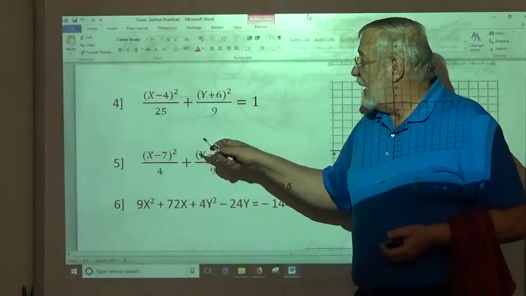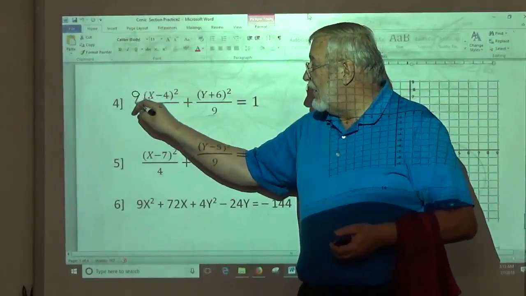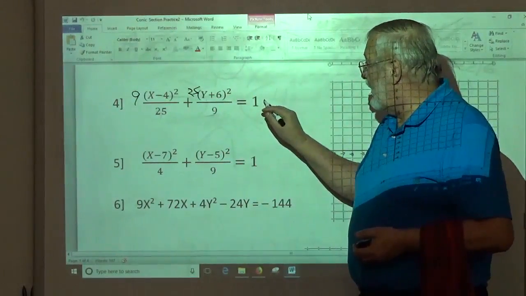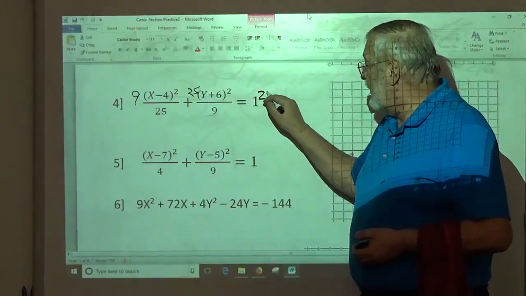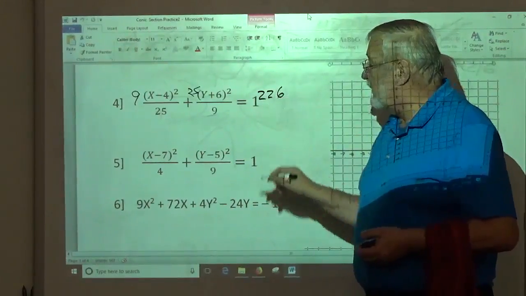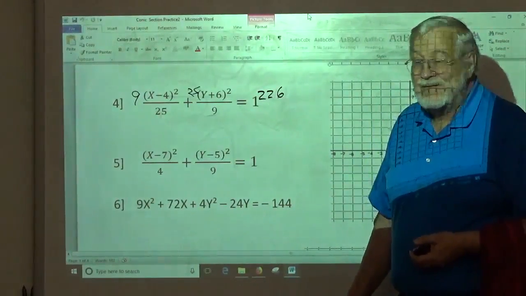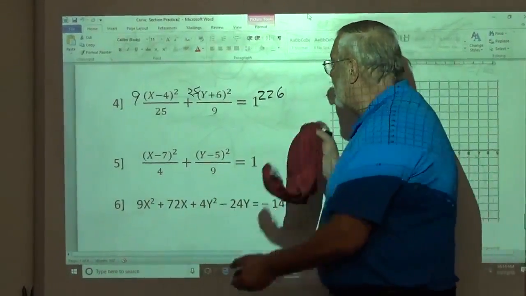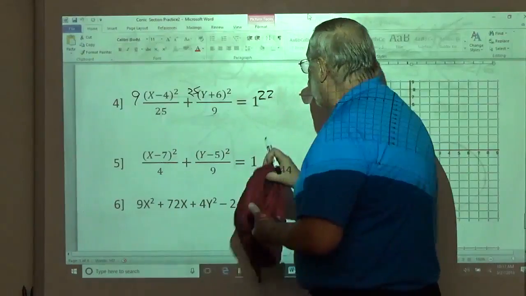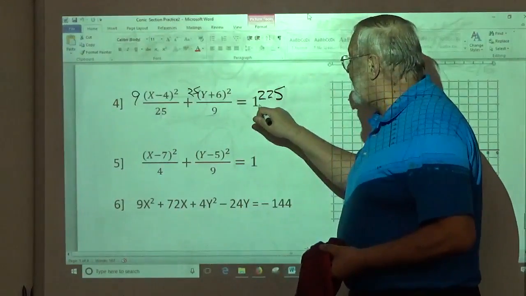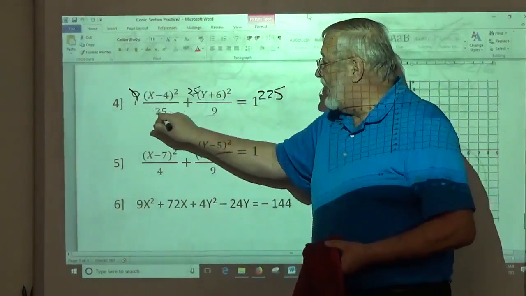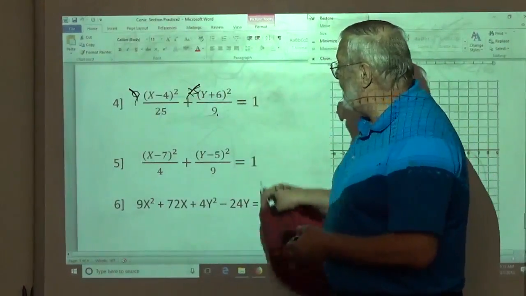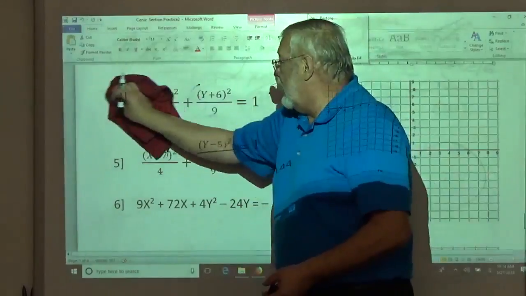Technically, I would have had a 9 here, and a 25 here, and I think I would have had a 226 here. Oh. Right? So, no, I'm sorry. No, this would have been a 225. So when you divide everything by 225, the 9 cancels, you have 25. The 25 cancels, you have 9. And 225 over 225 gives you a 1.